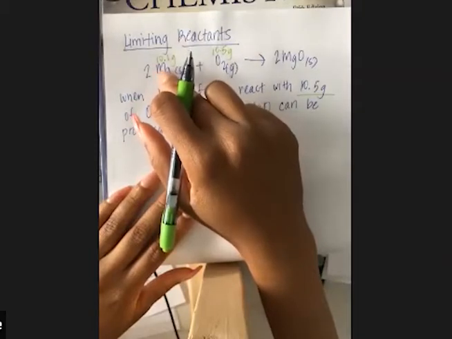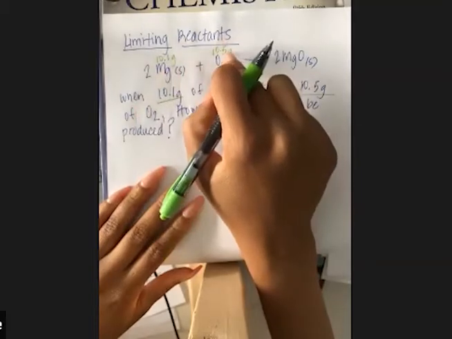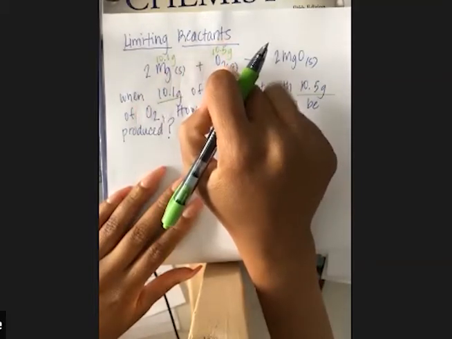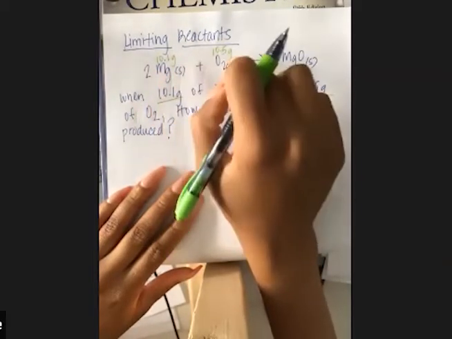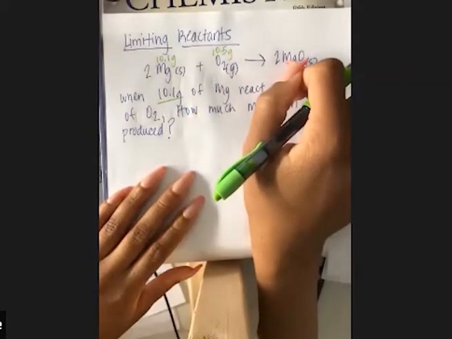What ends up happening is 10.1 grams of magnesium is a different amount than 10.5 grams of oxygen because they have different molar masses. So they'll produce a different amount of magnesium oxide.